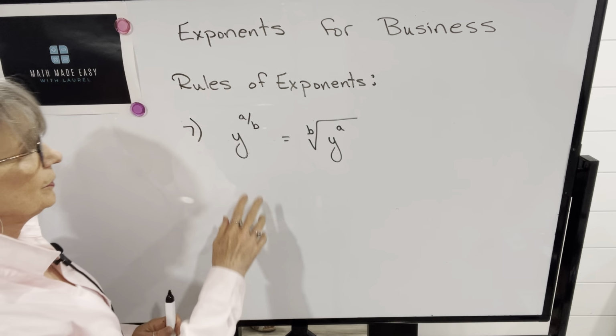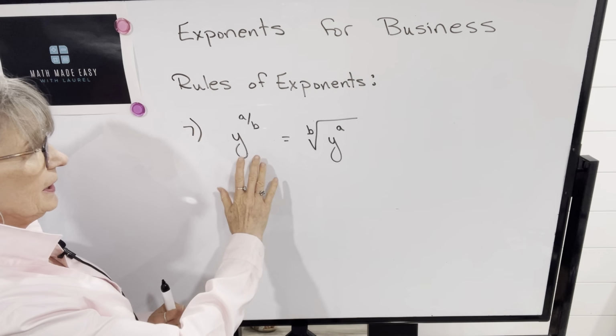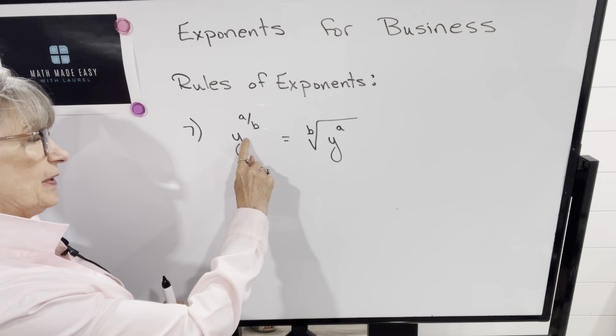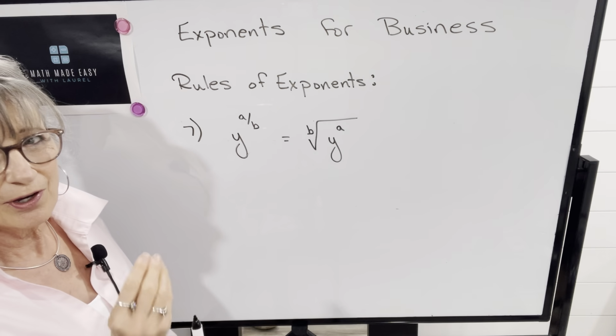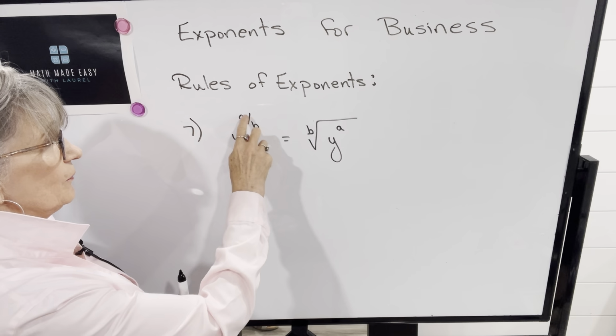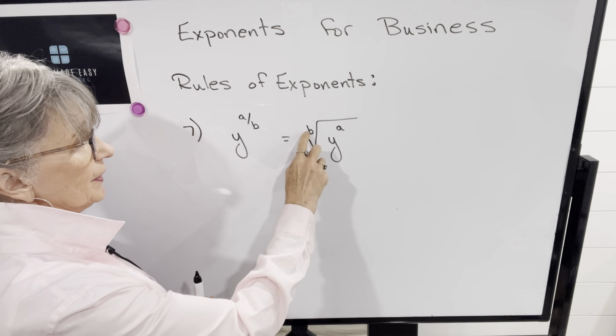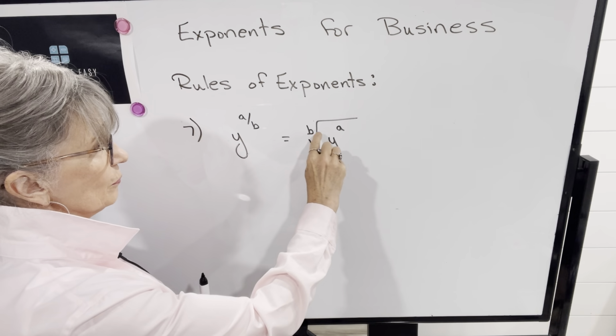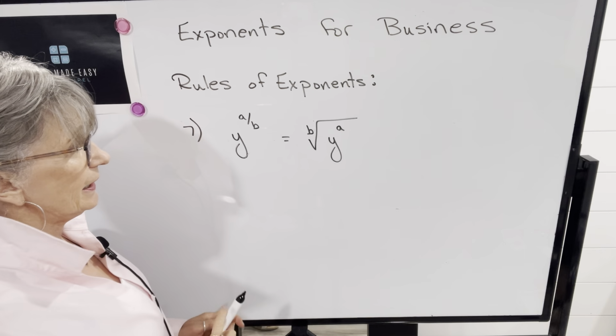The last rule also causes difficulty. If you have a base to a fractional exponent, you have to understand that that involves roots. So y to the power of a over b would be equal to the b root of y to the a.